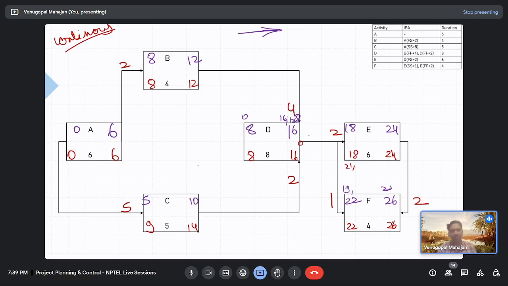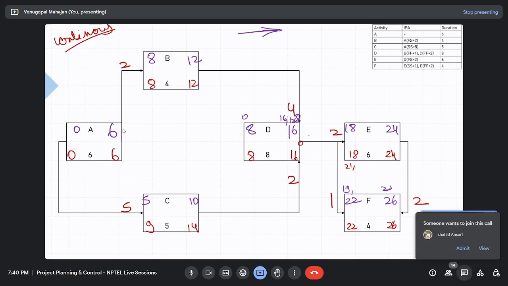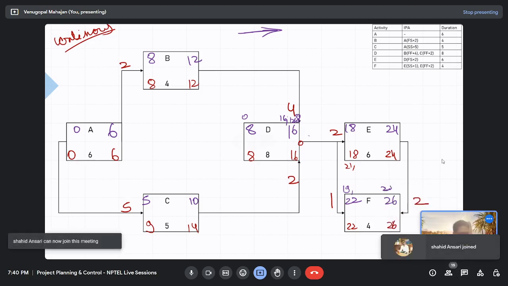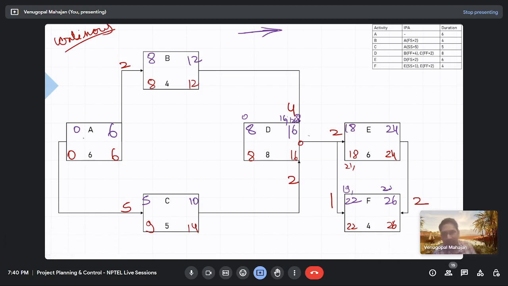Now which activities are critical? If you have to calculate the total float, in this case, start float and finish float, do we need to calculate them? It's the same, so not needed. Okay, let's just calculate total float.